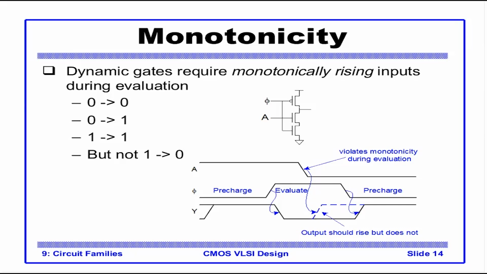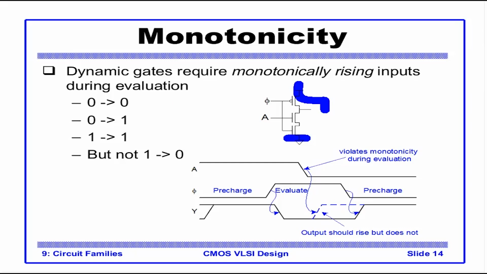So A goes to 0, Y cannot go to 1 now. Why? Because during evaluate mode there is no path. The path from VDD to Y does not exist. So during evaluate there is no way Y can go to 1.